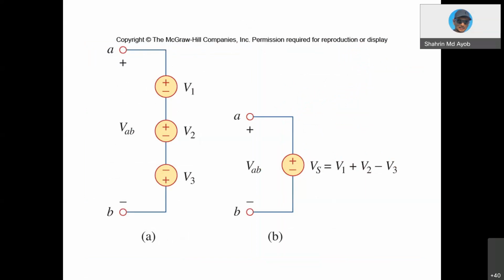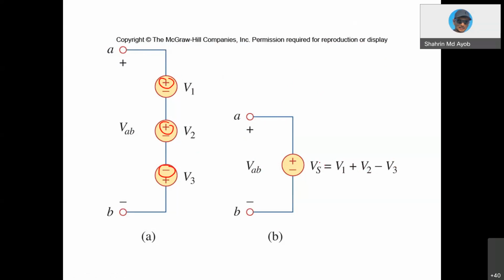Also, if you have voltage sources connected in series, you can sum them all up together to have a single source. It depends on the polarity. As you can see, you have this one positive, but the other is negative.